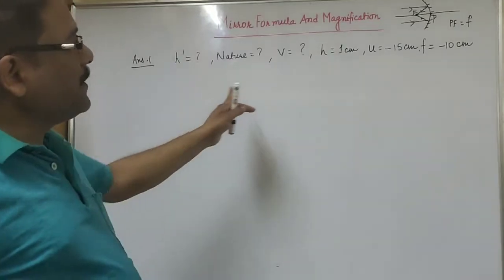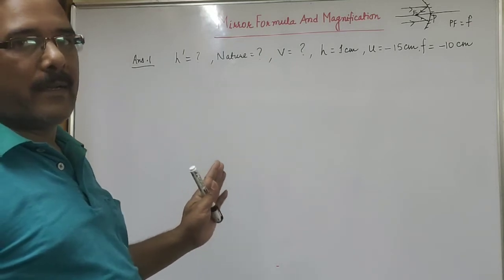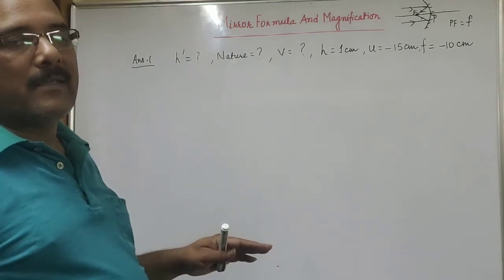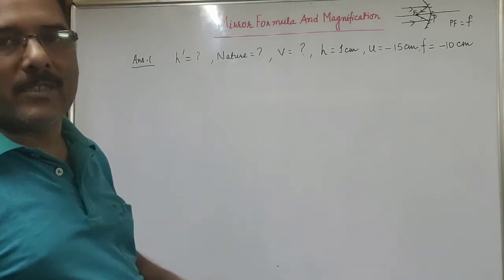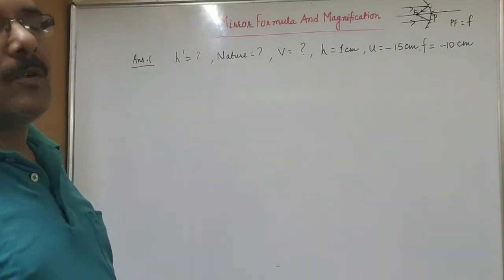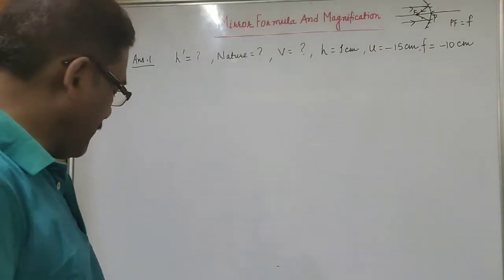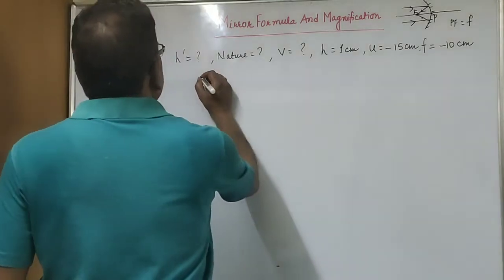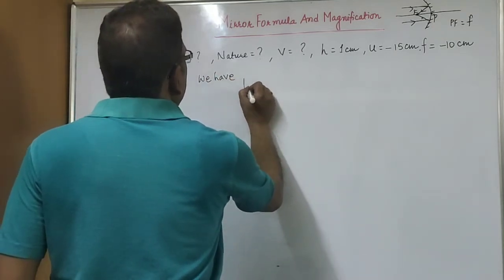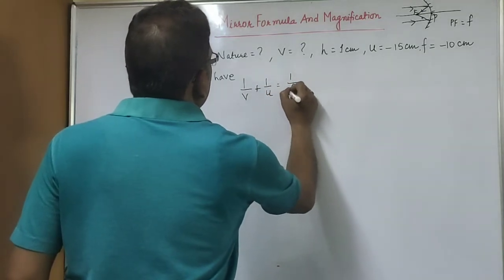So if you have written these things carefully in your first question, then only you are going to solve it correctly. First know how to write the given things correctly with their sign conventions and what you have to calculate. Now we will first calculate v with the help of the mirror formula. Using the mirror formula, as we discussed in last class, 1 by v plus 1 by u is equal to 1 by f.